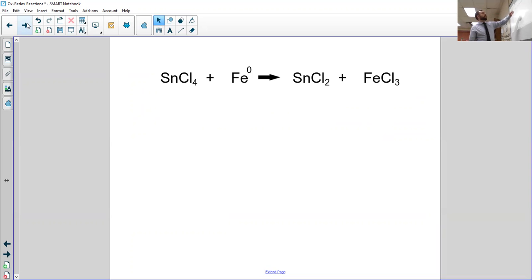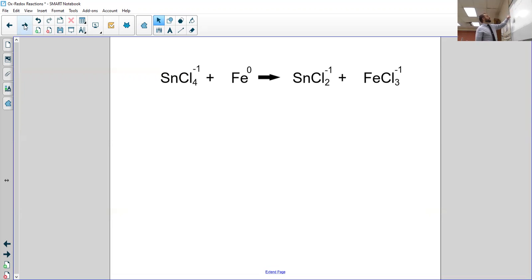We have iron here in the middle that's unbonded, so its oxidation state is 0. Next, we're going to look for ones that we are aware of. So we know chlorine is -1, from the periodic table. And then we're looking for the metals that we do not know. We don't know the tin's or iron's oxidation states here, so we have to figure them out, and that's why we're looking at the chlorides there.